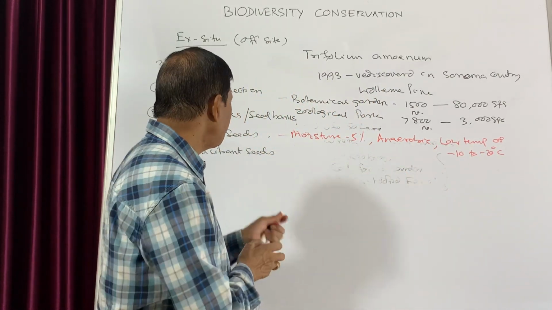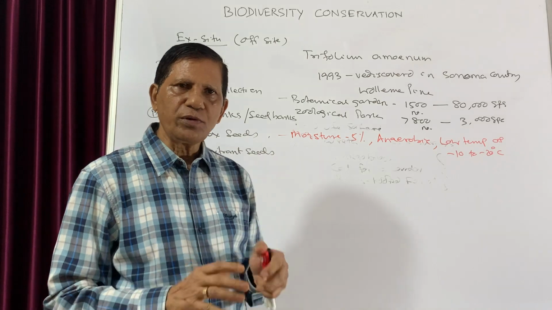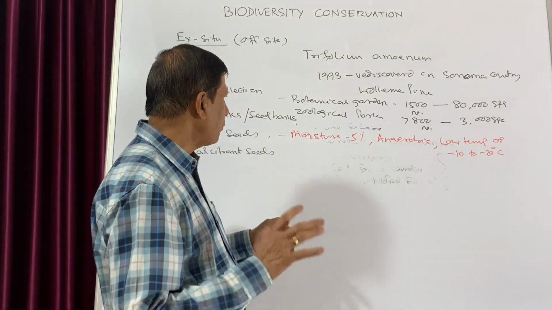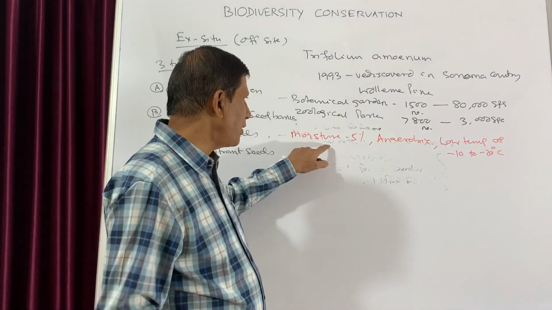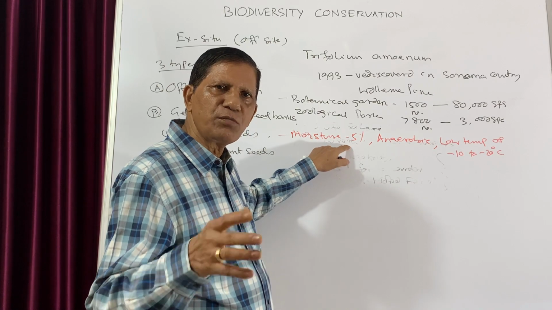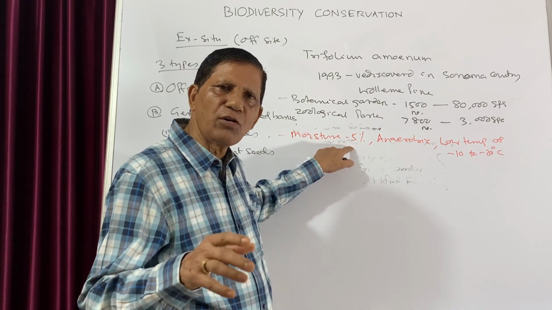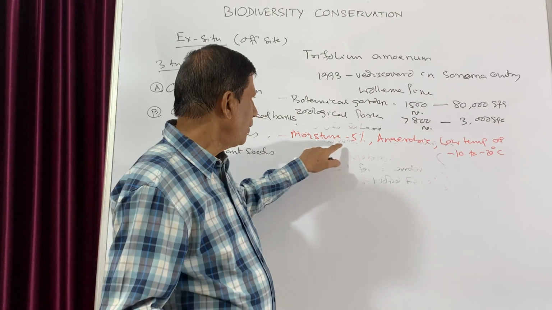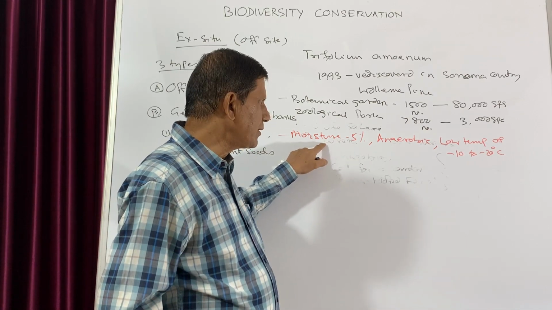That means these are seeds which we can dry in the sun, and during drying the moisture content is reduced to 5%, because the normal moisture content is more than 10%, in which case there will be enzymatic activity and they cannot be stored. So by drying, the moisture content is reduced to 5%.